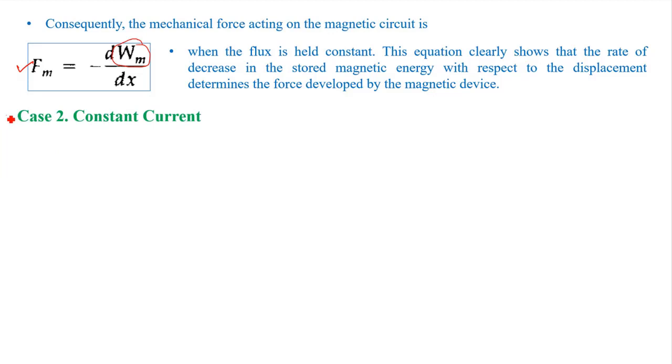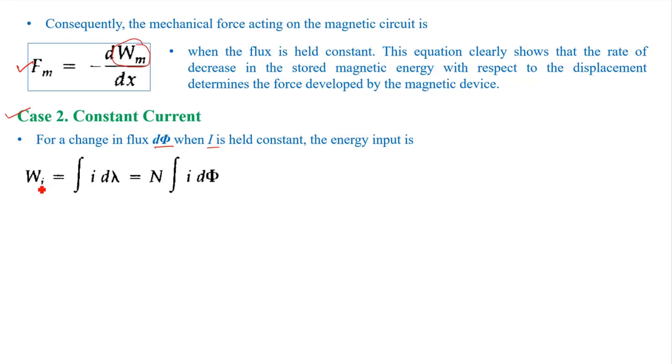So let us consider case 2. In case 2, we'll consider constant current. In the case of constant current, for a change in flux d phi keeping the current constant, how will the input energy look? Wi will become equal to the integration of I d lambda, that is N I d phi.